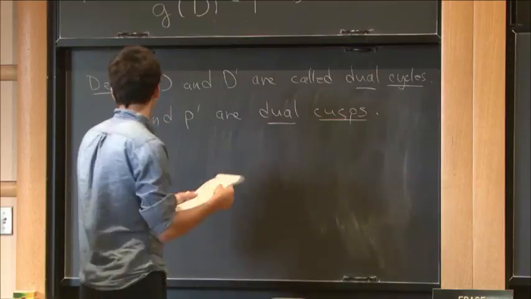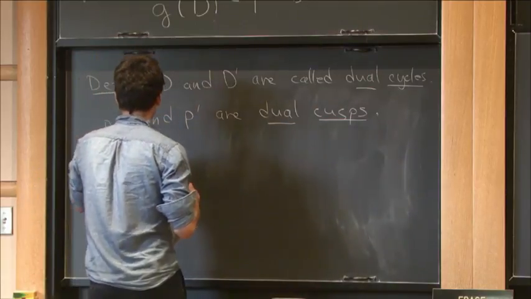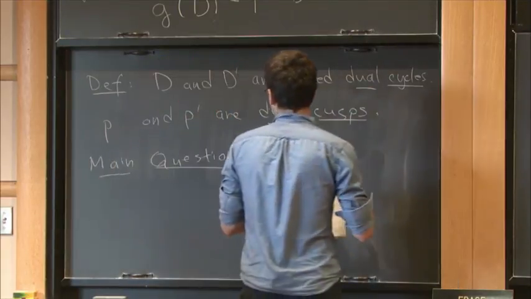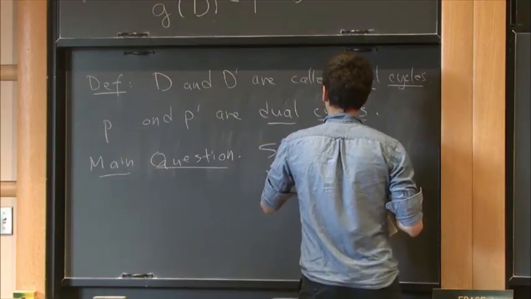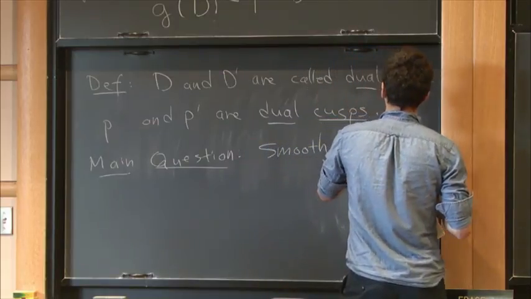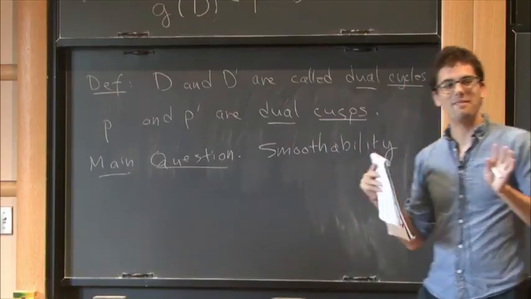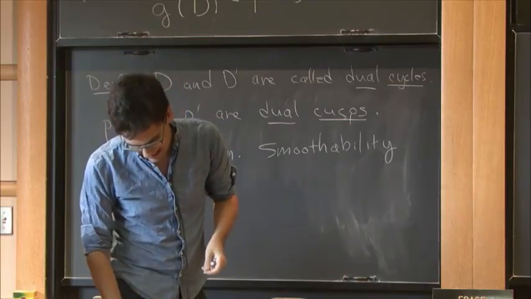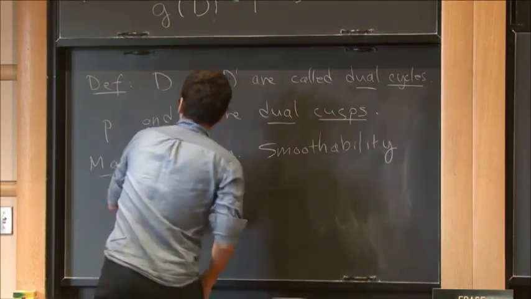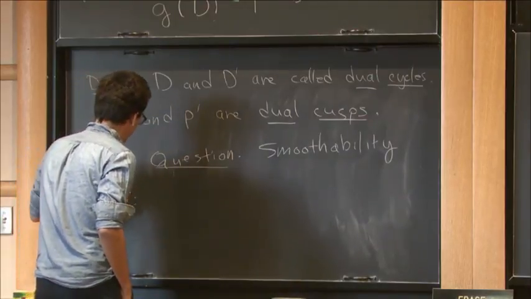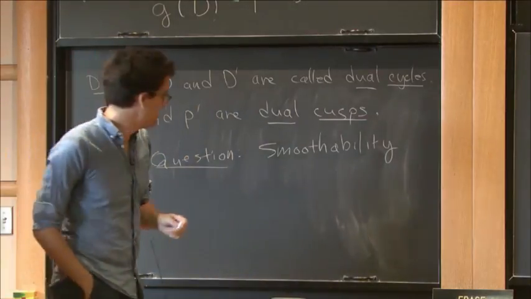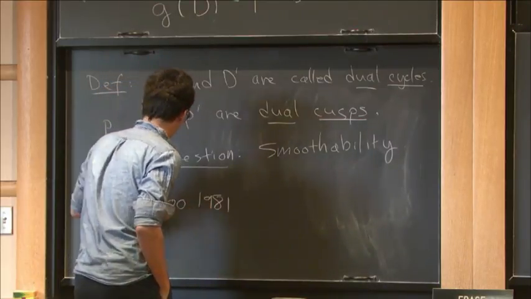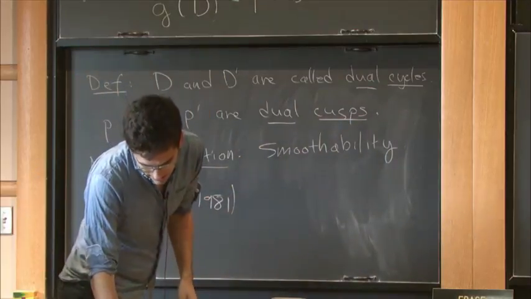So let's ask the main question in all of singularity theory. The main question about any singularity is whether it's smoothable. Well, I don't know if that's actually, maybe that's an overgeneralization. But it's certainly an important question about singularities. So I'm going to mention a theorem that was proven by Looijenga in 1981, which says the following.